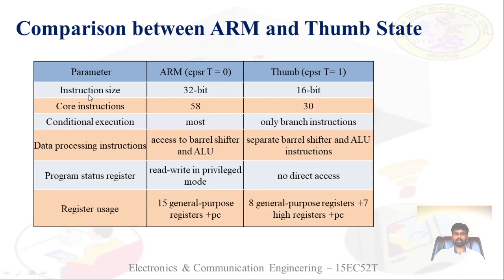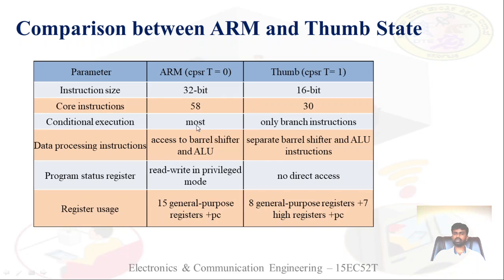When we look at the instruction size, in ARM state it is 32 bit, in Thumb state it is 16 bit. In core instructions, ARM state has more, 58 core instructions, but Thumb state has 30 core instructions. In ARM state, most of the instructions are conditionally executed.